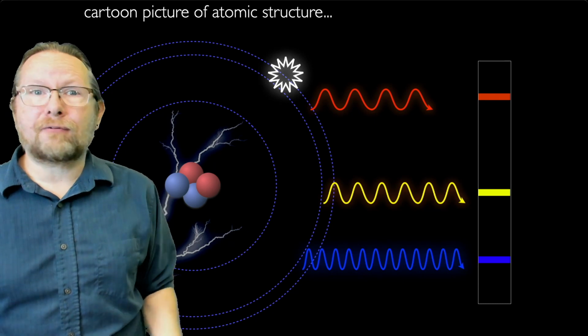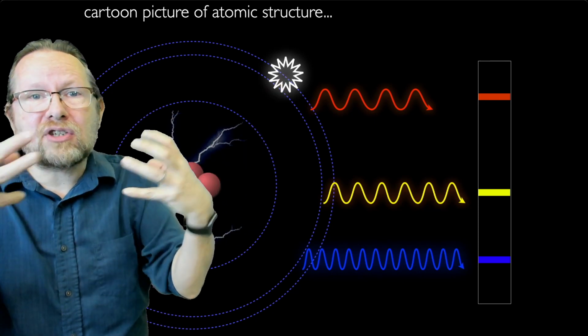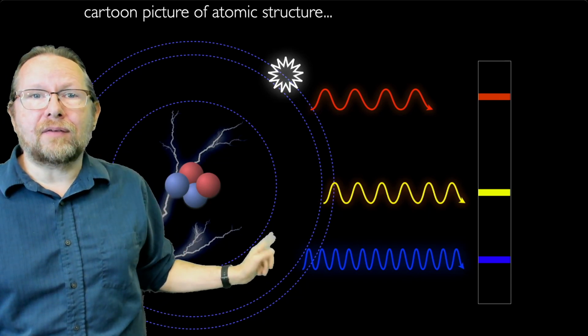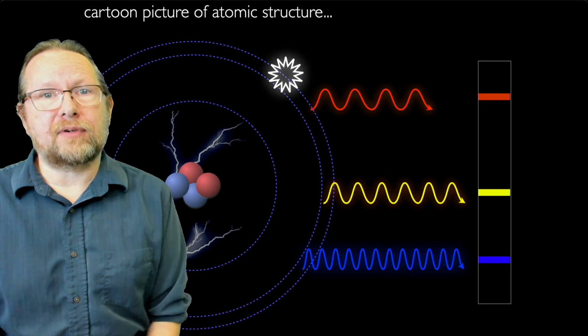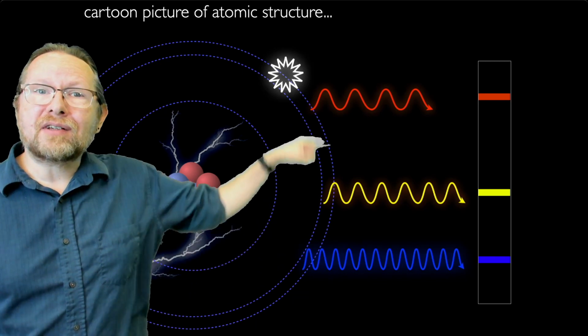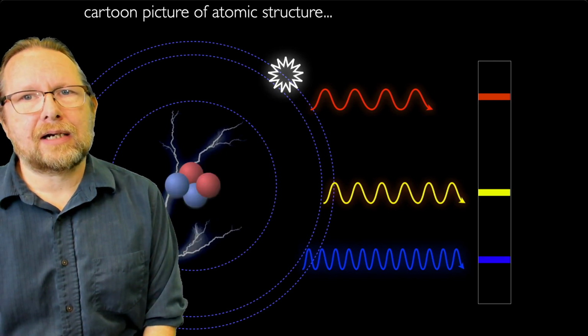And again, since every atom has different numbers of protons, different numbers of electrons, different energies in the atom, the spacing of these energy gaps is different for every atom in the periodic table, which means that the frequencies and wavelengths of light emitted are different for every atom in the periodic table.